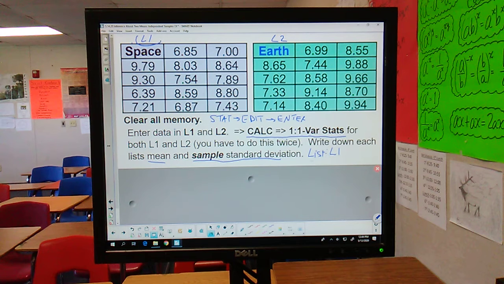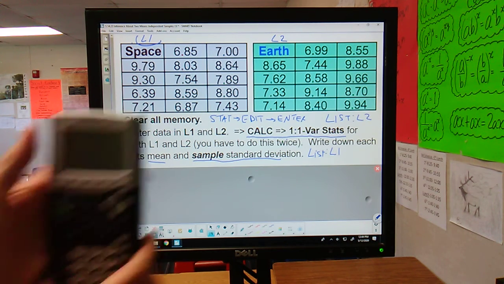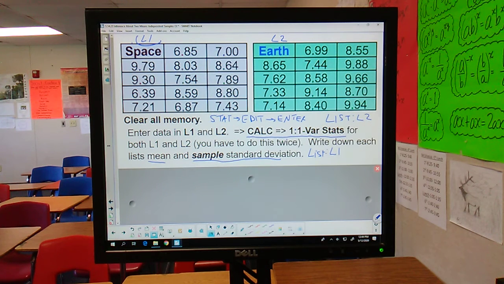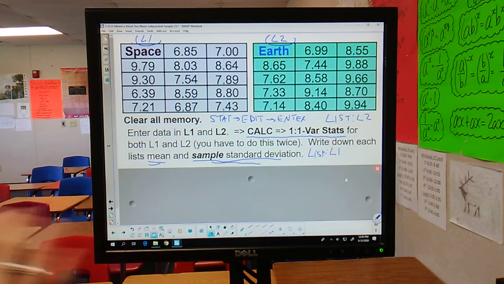But then you're going to have to do it again and change list to L2, and that's a second function number 2, okay? On your calculator, second function number 2, there's a little L2 right above there. And that'll give you the mean and sample standard deviations for the Earth rats. All right, pause the video and see if you can get those right now, the mean and sample standard deviation for both groups.